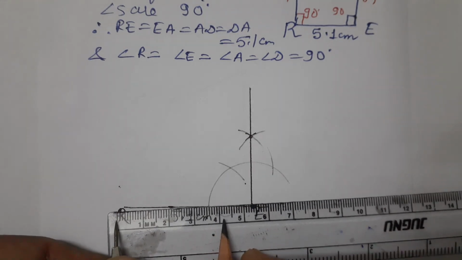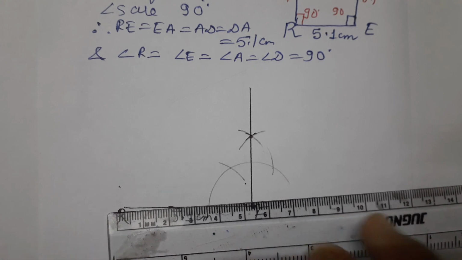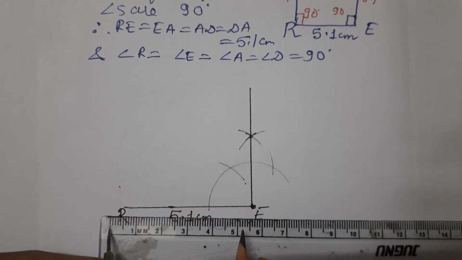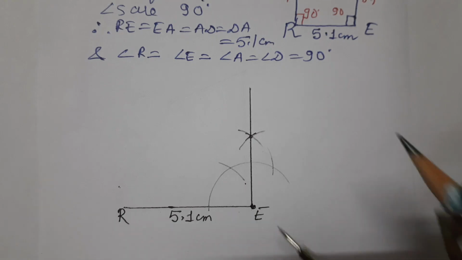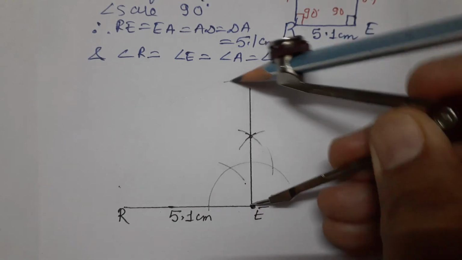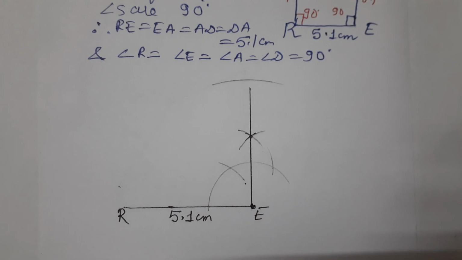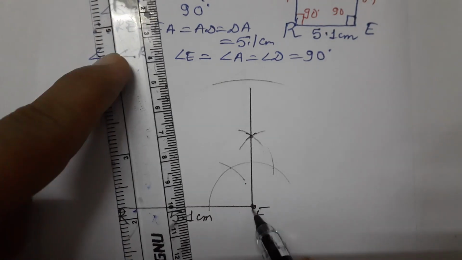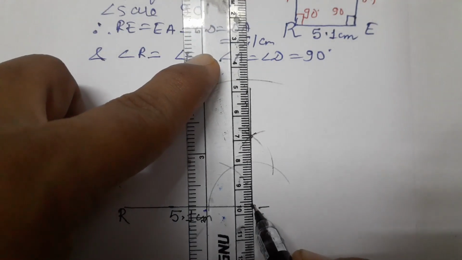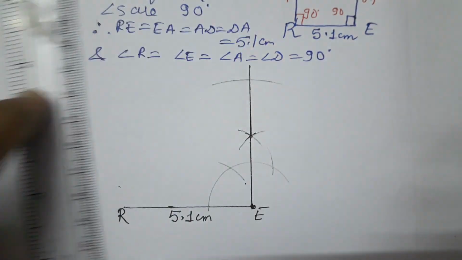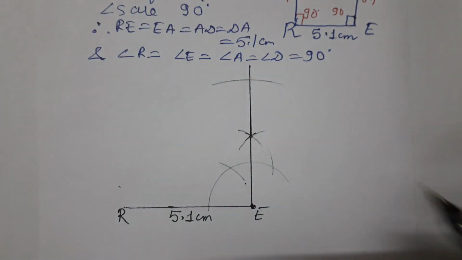After making one angle, I am taking all sides. Now take the arc radius 5.1, and cut the arc with radius 5.1. If it is not coming, then you have to extend it so that it will come. So this is what we got.